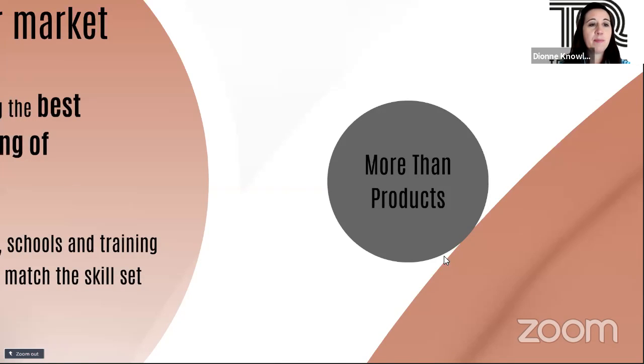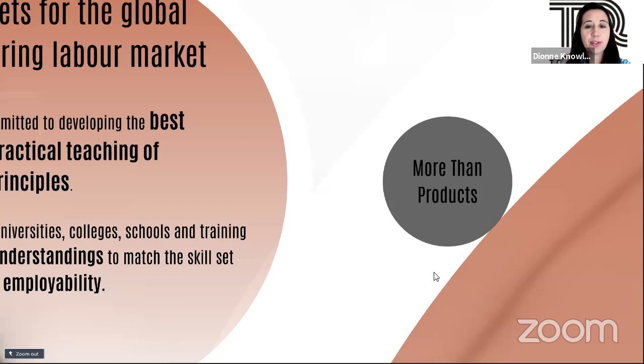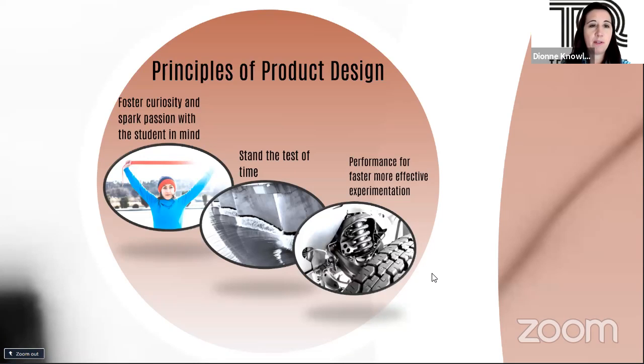When we're designing our products, we've got 3 specific principles in mind, and I'm sure Matrix will have similar principles in mind when we hear from Liam shortly. The most critical one is fostering curiosity and sparking passion. That's what we're all about, engaging students. But at the same time, we're constantly looking at making sure that the products can stand the test of time.